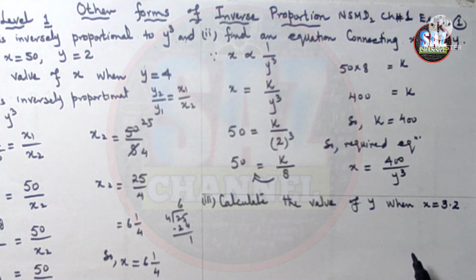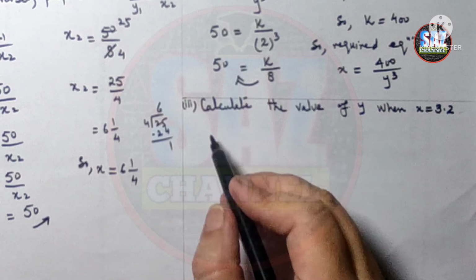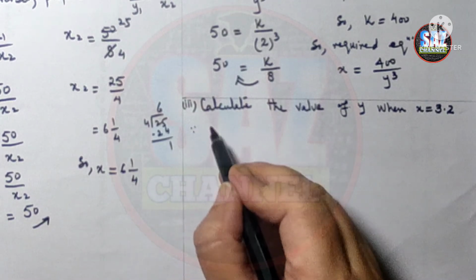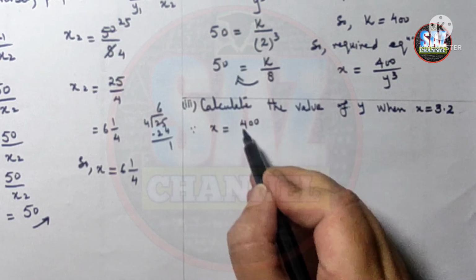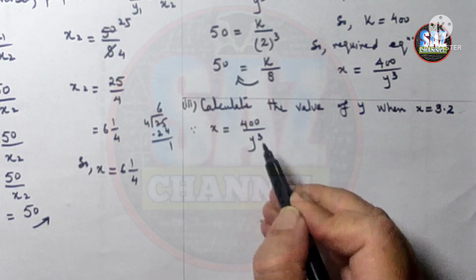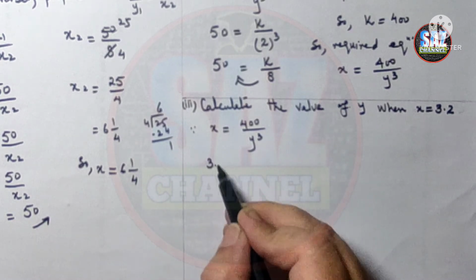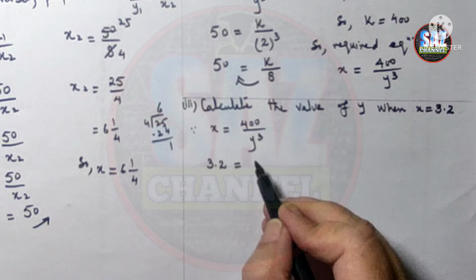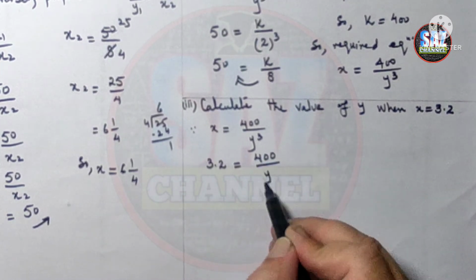And now the last part says calculate the value of y when x equals 3.2. Now look students, we have the relationship that the equation connecting x and y is x equals 400 upon y cube, and we have to find the value of y when x is 3.2. So instead of x I have to replace 3.2 upon y cube.